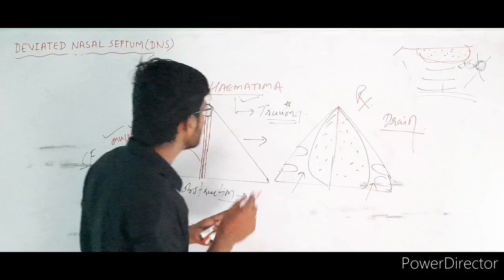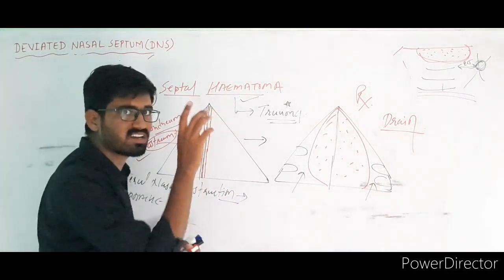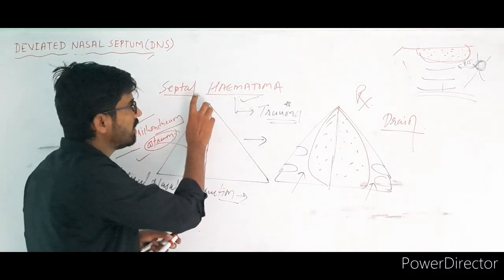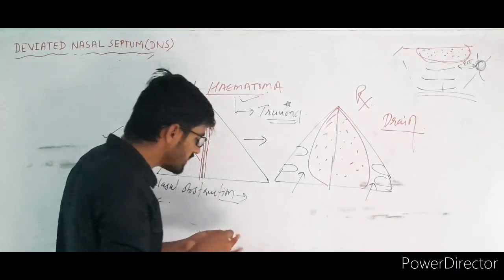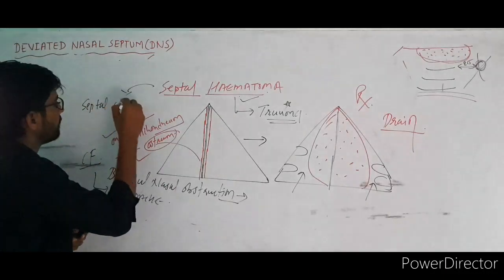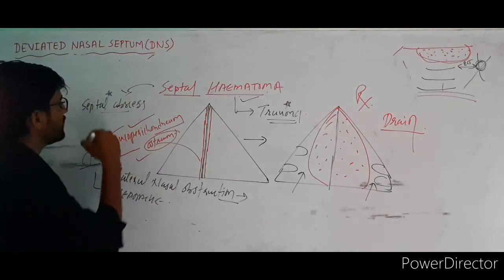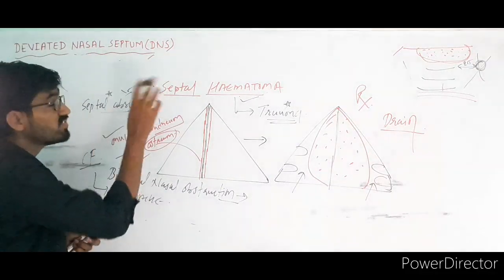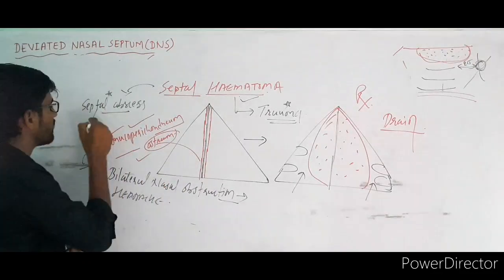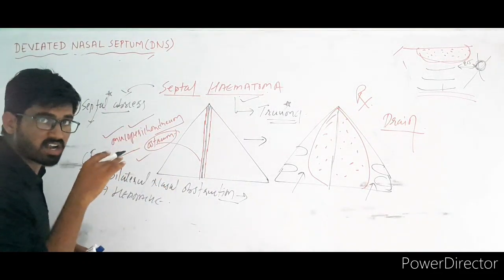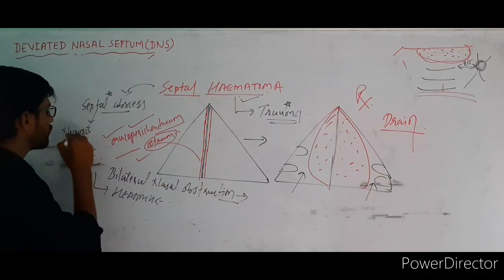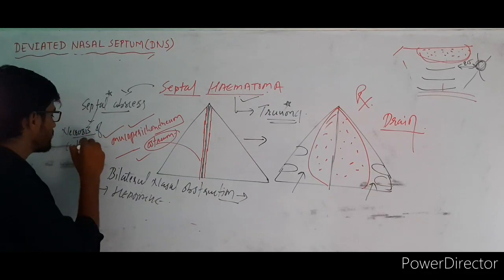Now, what is the complication? If the nasal hematoma is not noticed, or if you do not treat it, it will convert into a septal abscess. And in this condition, if there is secondary bacterial infection, the septal hematoma converts into a septal abscess and it will destroy the cartilage part. You can say necrosis of the cartilage part.